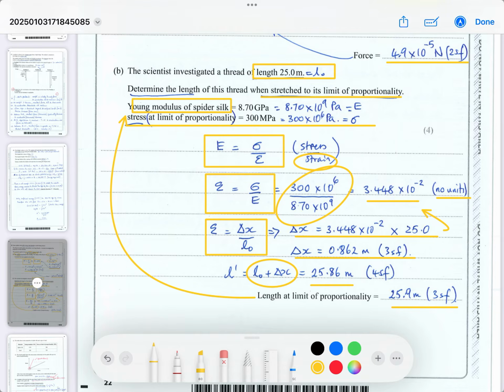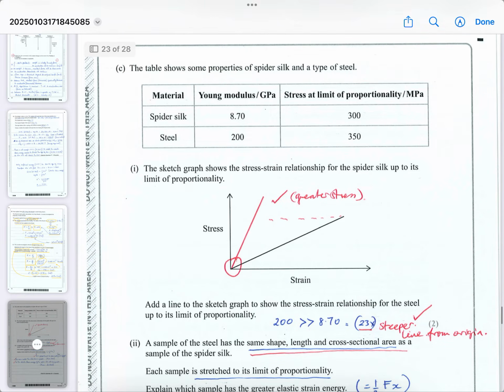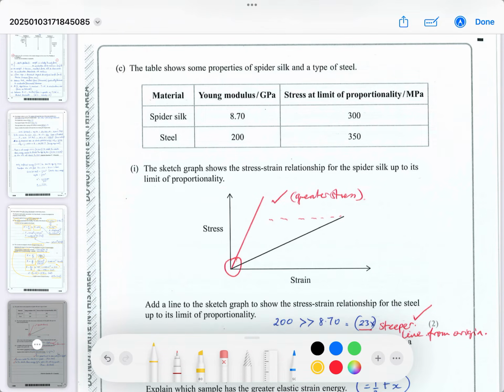So they're walking you through this question from the materials section of the course. Part C then gives you data. In the data, they compared the Young's modulus and properties of the spider silk and the type of steel.